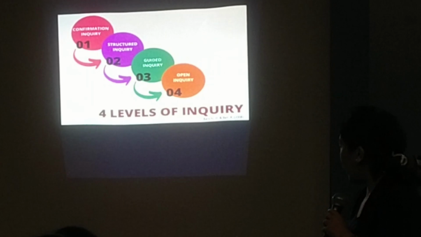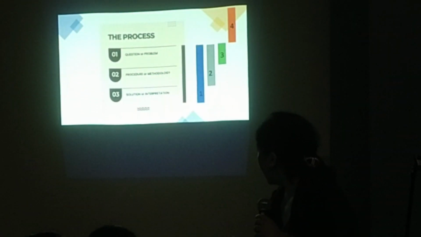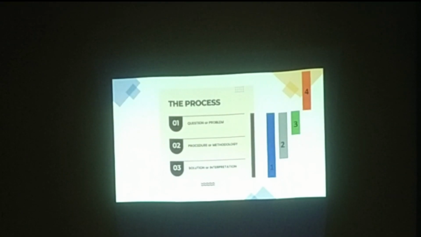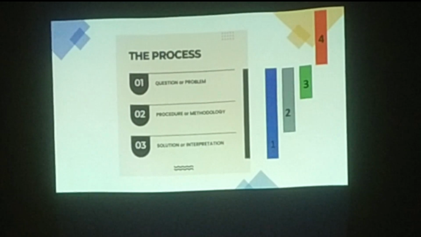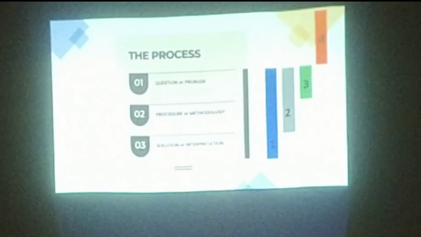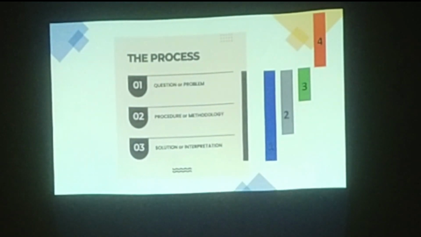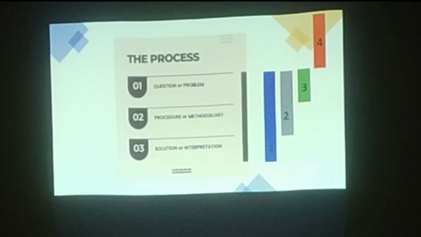Alright. Now how about level 3? Okay. So again, the process of inquiry covers 3. Number 1 is you ask a question or you state a problem. And then number 2 is you come up with what you call hypothesis testing, or your experiment or your method. So you come up with a method to answer the question or problem that's been identified.